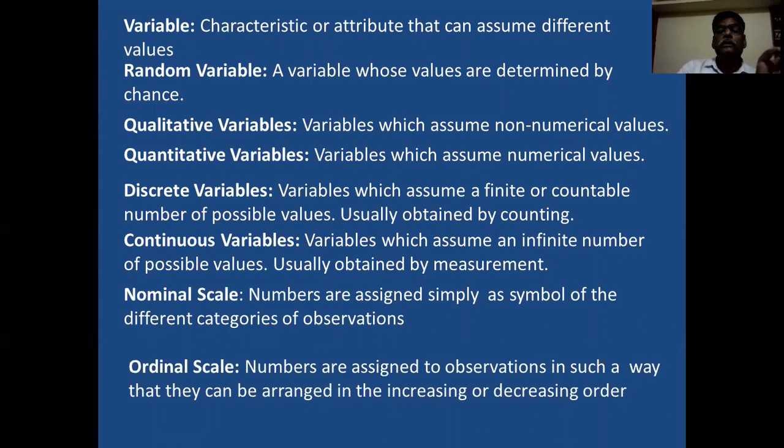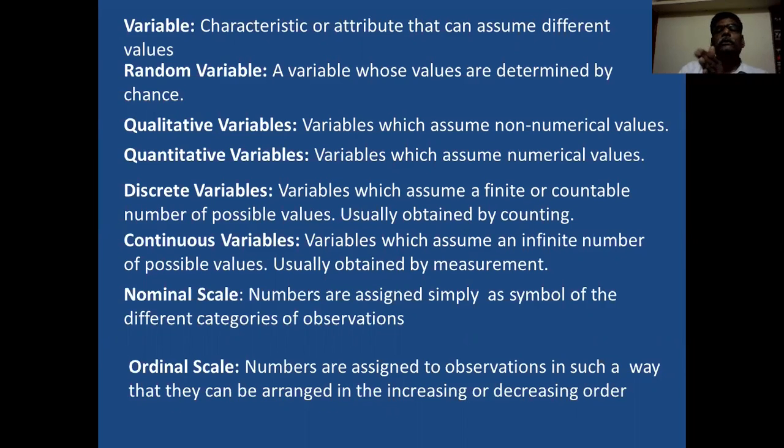And another is the ordinal scale. What is the ordinal scale? Numbers are assigned to observations in such a way that they can be arranged in increasing or decreasing order. That is first, second, third, fourth, fifth, sixth, seventh, eighth, ninth, 10th, 11th, like that, in increasing order.